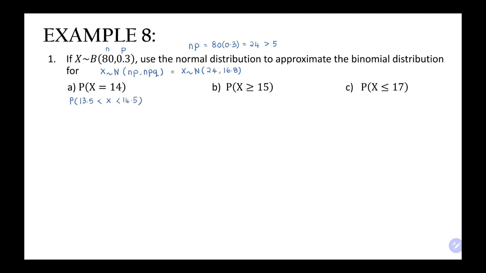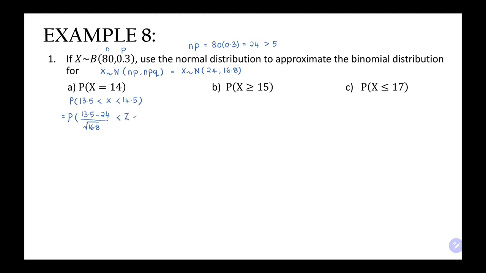After we use continuity correction, we change X to Z since this one is normal distribution. Remember formula for Z, X 13.5 minus with mean, our mean is 24, divide by standard deviation. This one 16.8 is a variance, so standard deviation we set square root of 16.8.